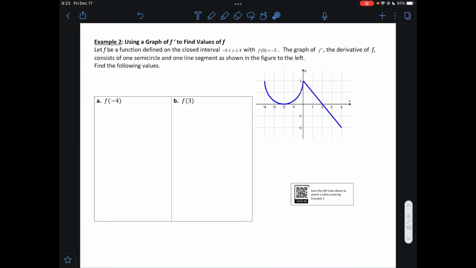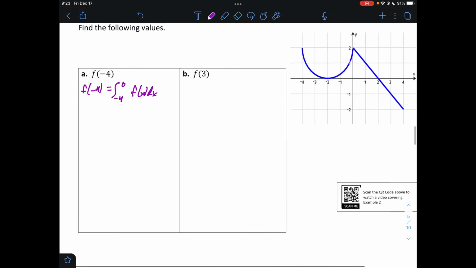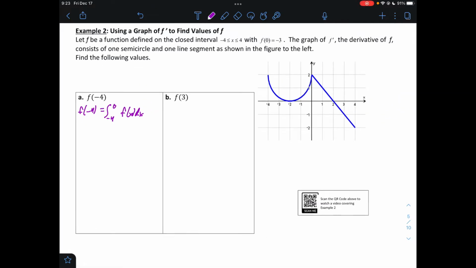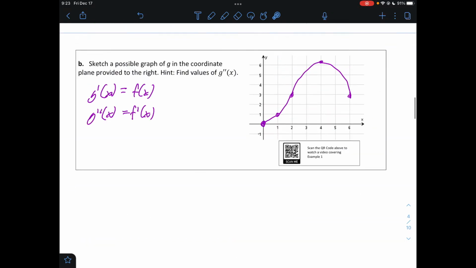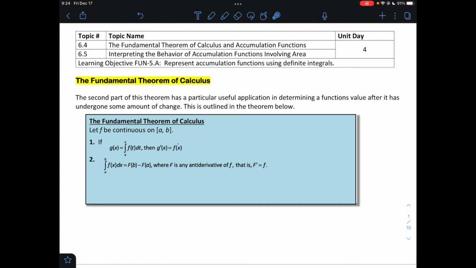All right, so the first thing we're going to do for f of -4 is write an integral statement for this. So f of -4 would equal the integral from -4 to 0 of f of x dx. All right, so why am I going from -4 to 0? Because we know what f of 0 is, right? Based off what we said way back over here, this one here, there it is.